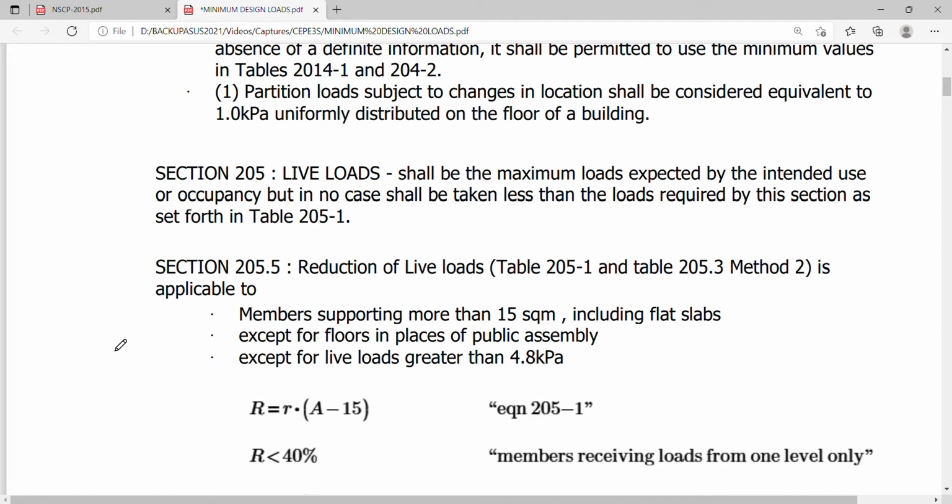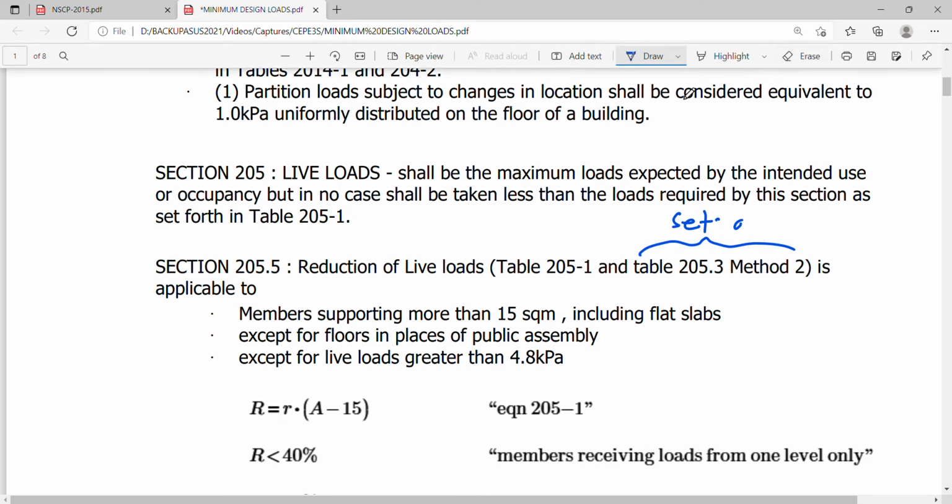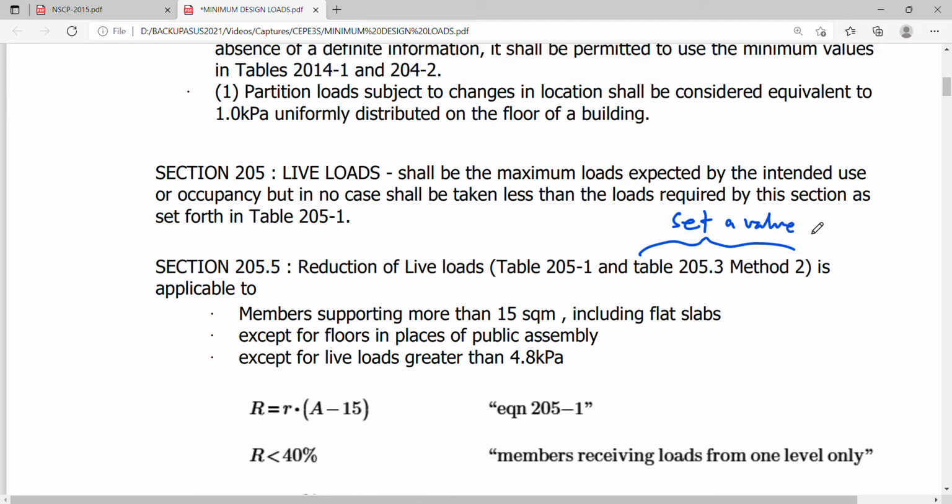And this is based on both Table 205-1 and Table 205-3 Method 2, which actually sets a value for R, which is the rate of reduction.